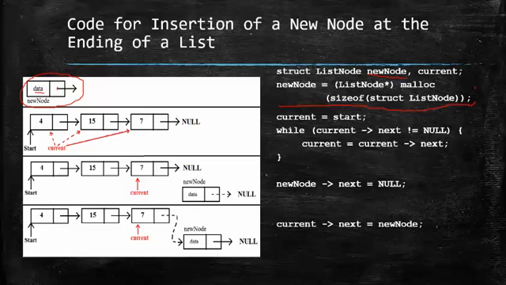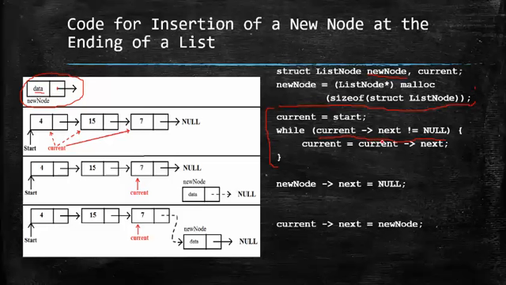For that, we have already learned that we need traversal, and this is the code of traversal. This code is somewhat similar to the code that you have seen as list traversal, but a little bit different compared to the list traversal. The only difference you see here is the condition of this loop.